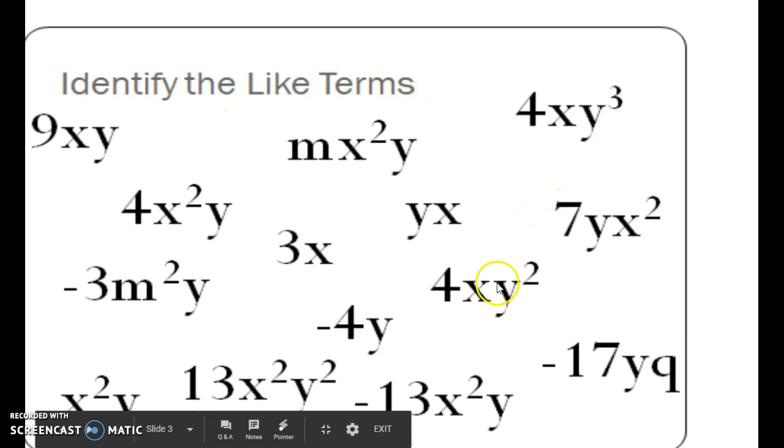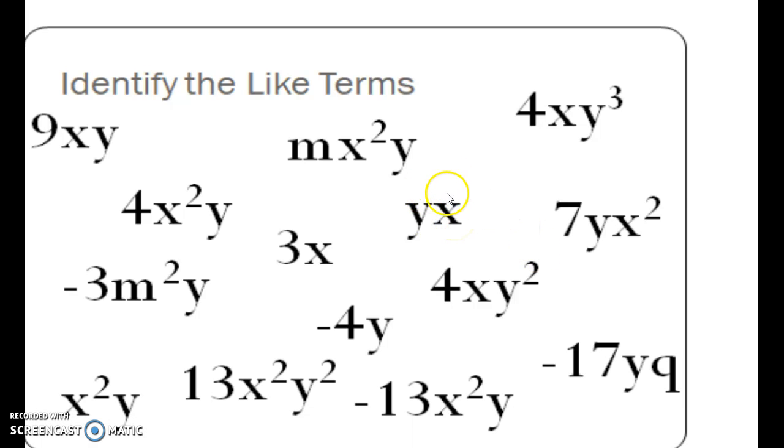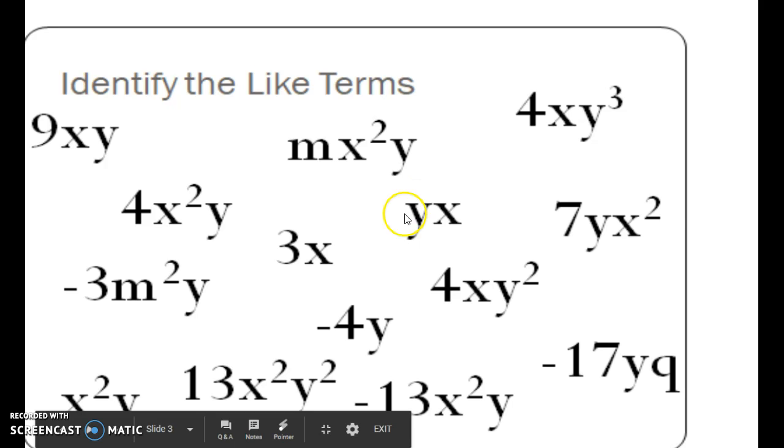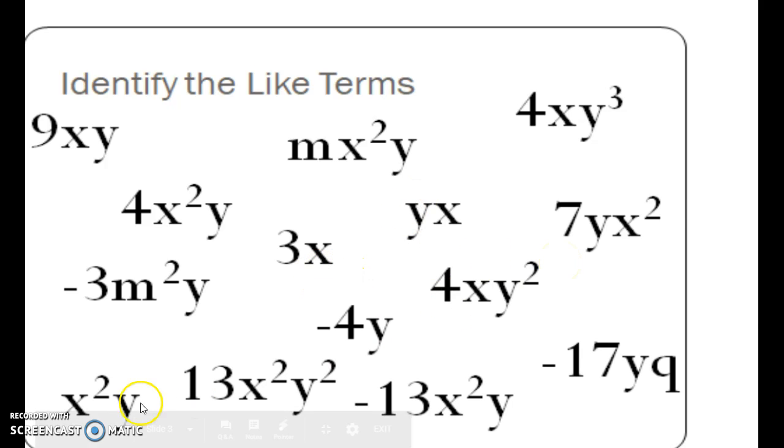Do you see any more that has just xy on it? So here's one. So those would be like terms. Right here, mx squared y. Do you see any other ones that say mx squared y? So I don't see any.